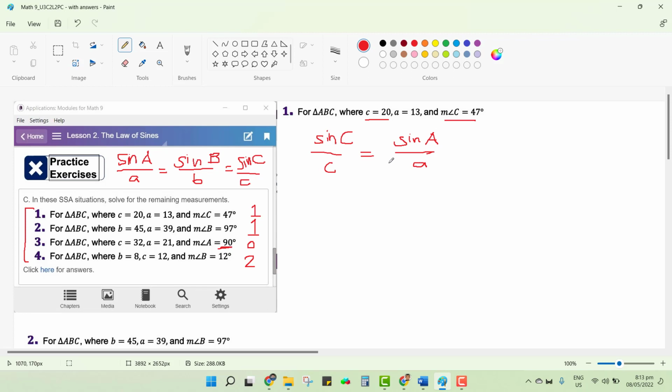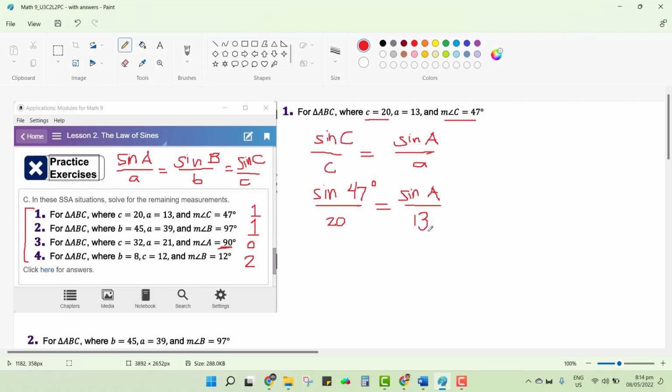So let us try to substitute the values first. Sine C, which is sine 47 degrees, over 20 is equal to sine A over 13.